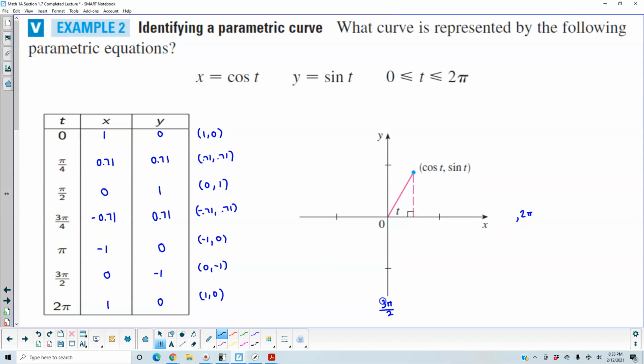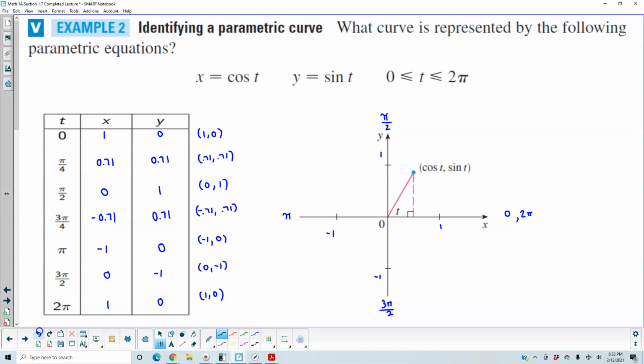So we know over here on our x-axis that this represents 0 and 2 pi. On the y-axis, this is pi over 2, which represents 90 degrees. And then over here, this represents pi. And then down here is 3 pi over 2. So this represents 1, this represents negative 1, this is positive 1, and this is negative 1.